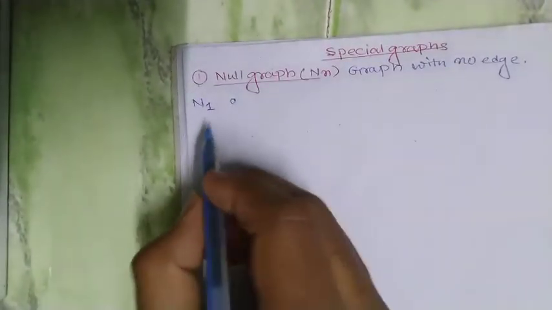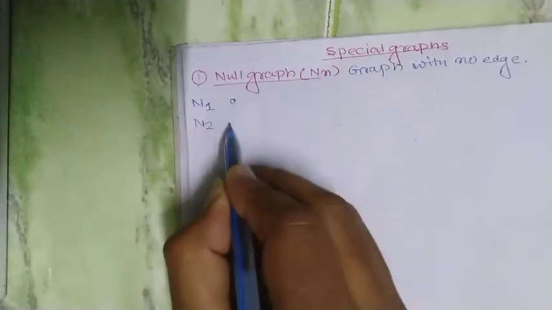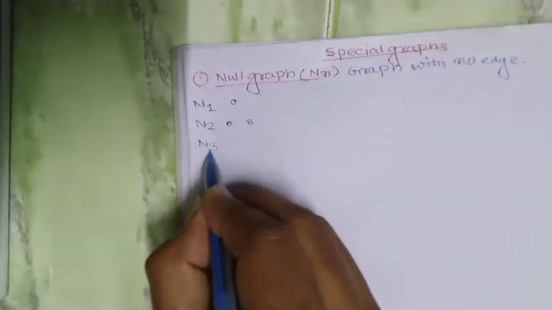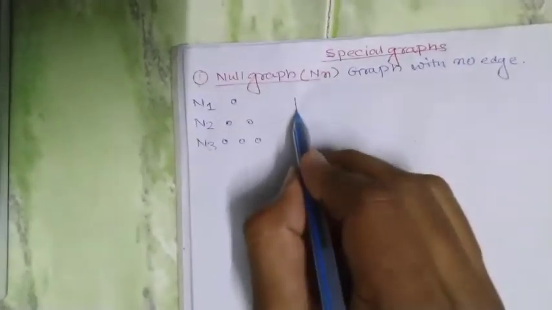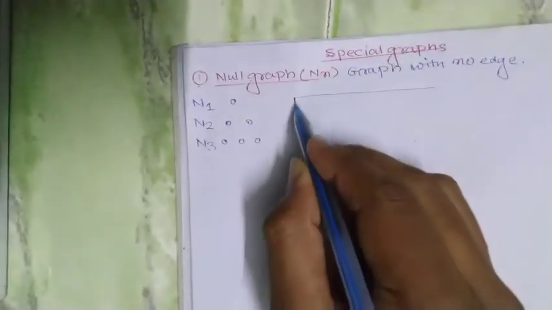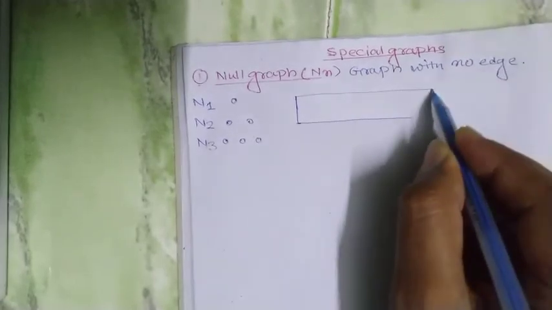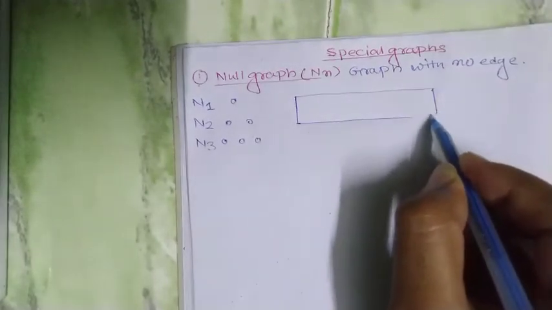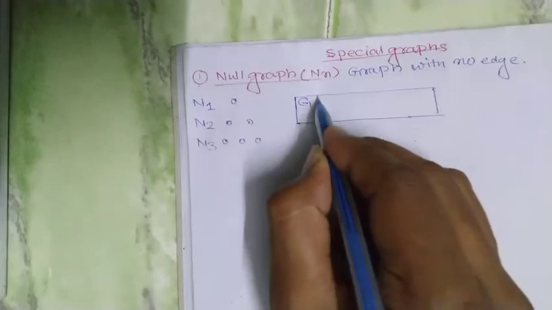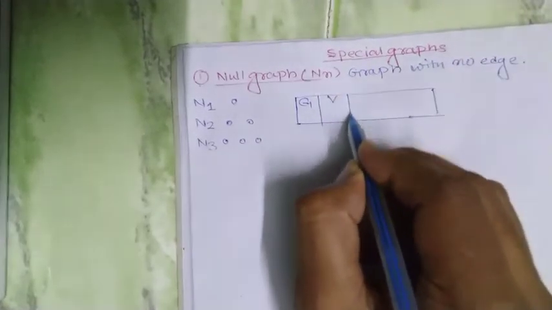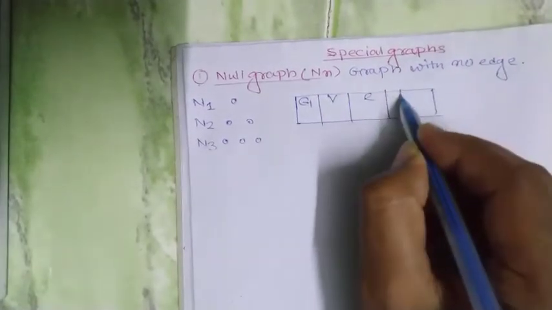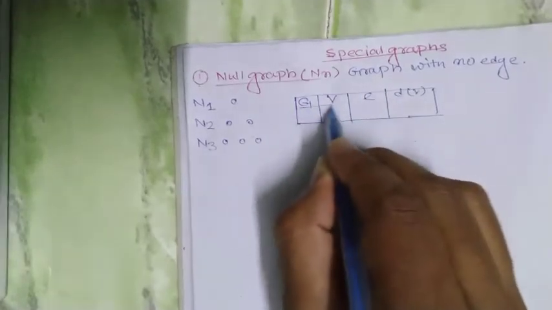this one vertex. N2, a null graph having two vertices. N3, a null graph having three vertices and there is no edge. So if we draw one table like this: graph, vertices, edge and degree of vertex.